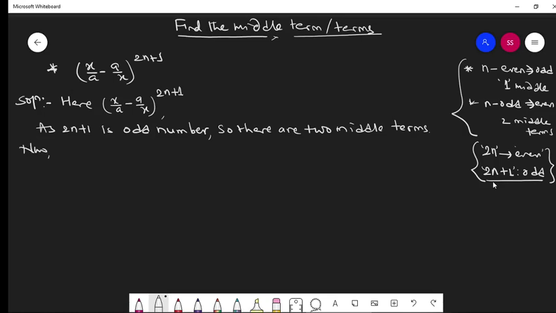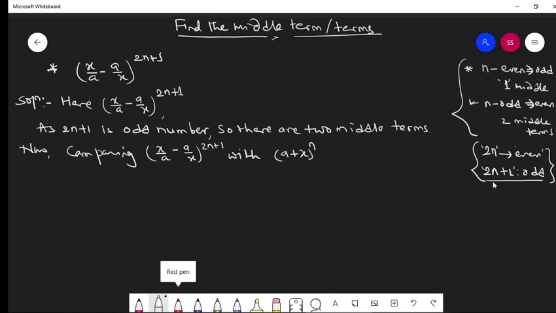Now, to make it easier, comparing (x by a minus a by x) to the power 2n plus 1 with (a plus x) to the power n, or with minus also you can compare, (a minus x) to the power n.